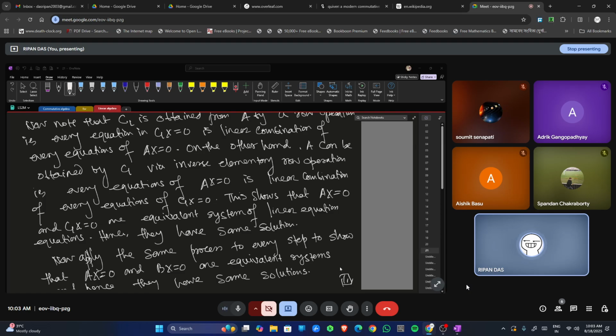So these two systems of linear equations are equivalent and hence they have the same solution. And this applies for all the C1, C2, CR and B, and therefore Ax equal to 0 and Bx equal to 0 have the same solution. This is basically the idea.